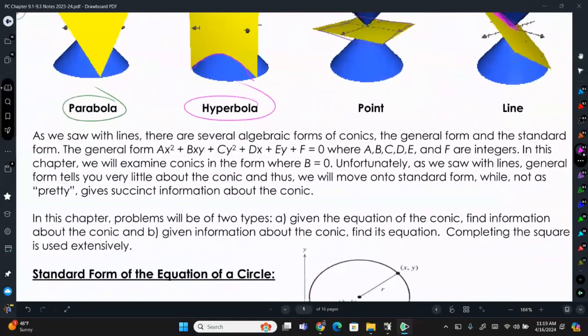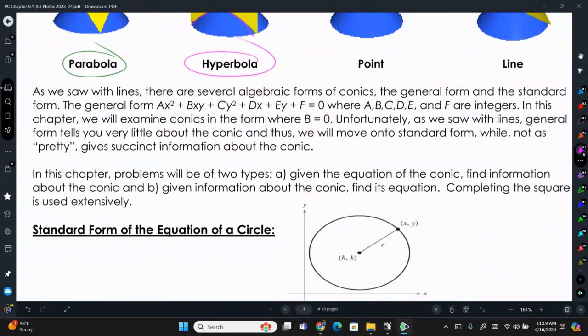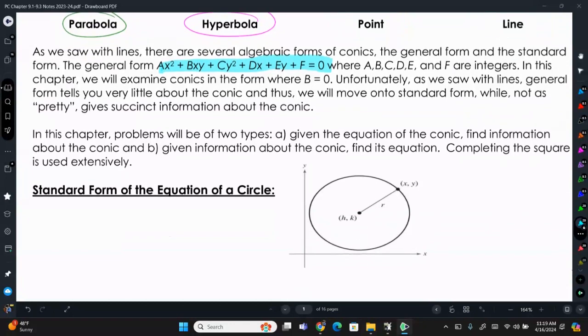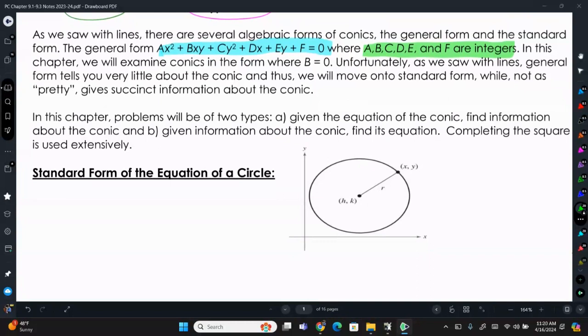Now, the general form of all of the conics we study is in this form: ax squared plus bxy plus cy squared plus dx plus ey plus f equals 0, where all those letters are integers. But again, what we're going to be working on are only when we don't have a b value. So we're not going to have a term that is multiplied by x and y.